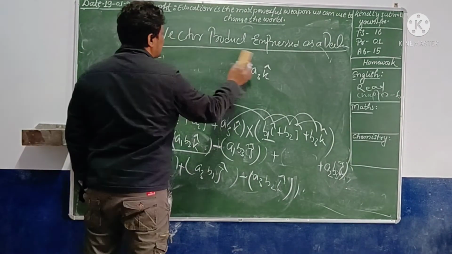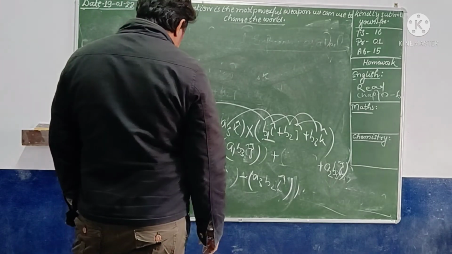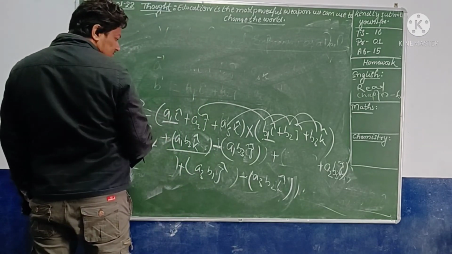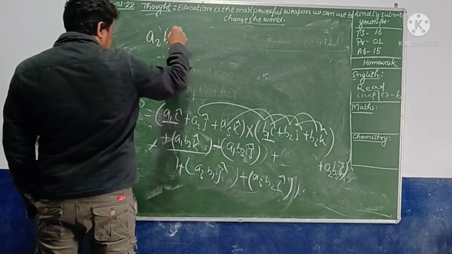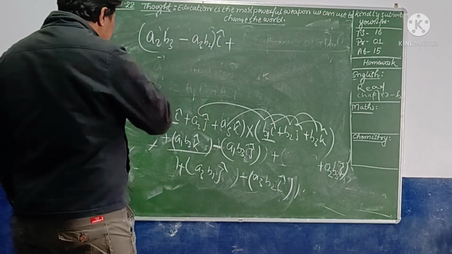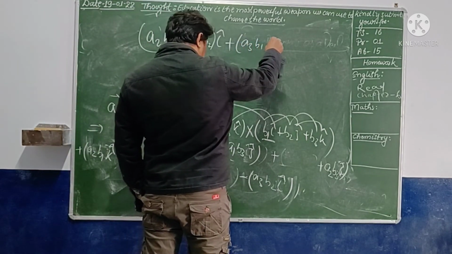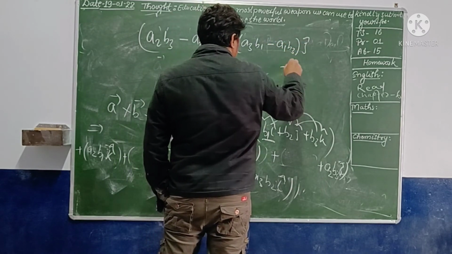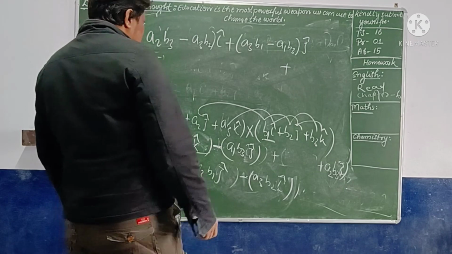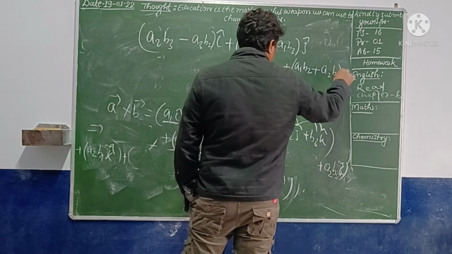So if you write it, in I cap we have A2 B3 minus A3 B2 I cap, plus J cap A3 B1 minus A1 B3 J cap, plus K cap A1 B2 minus A2 B1 K cap.